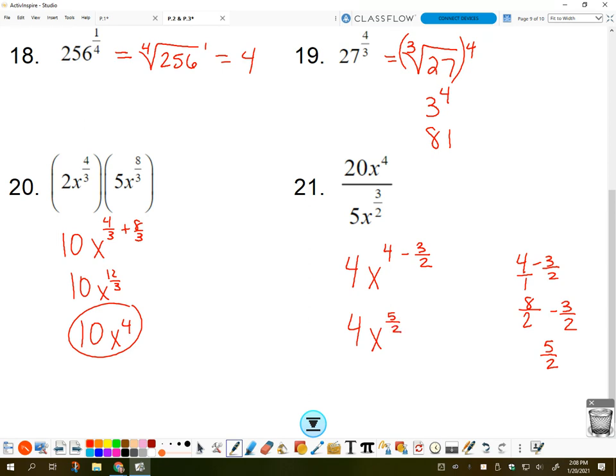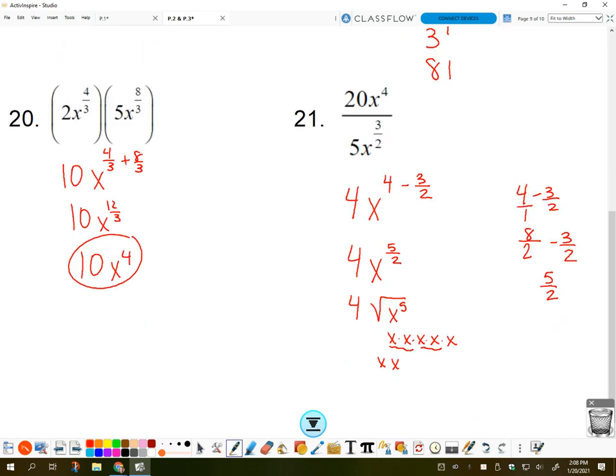And you write this as 5 halves. Honestly, you're done, because if you change it to the square root of x to the 5th, you're not really helping yourself a whole lot. You could kind of simplify if you write it as the square root of x to the 5th. Remember there's an understood 2 there? Because then you can think of it as x times x times x times x times x. So for these 2, 1 comes out. For these 2, 1 comes out.